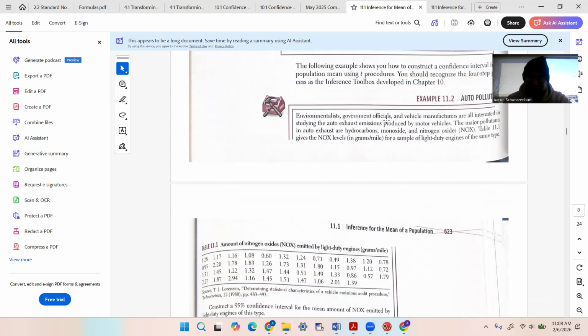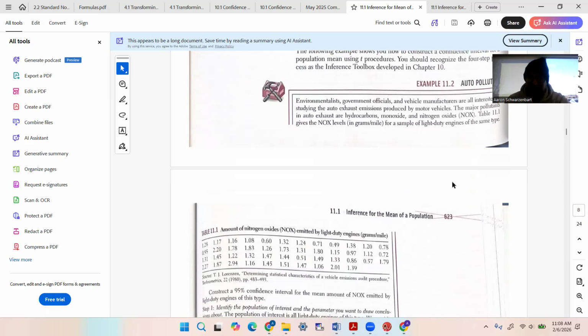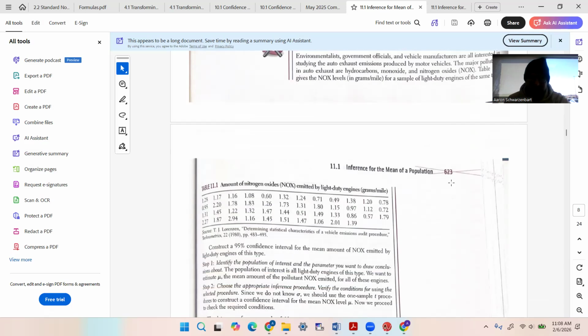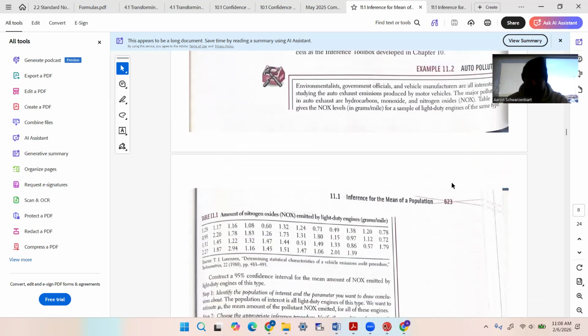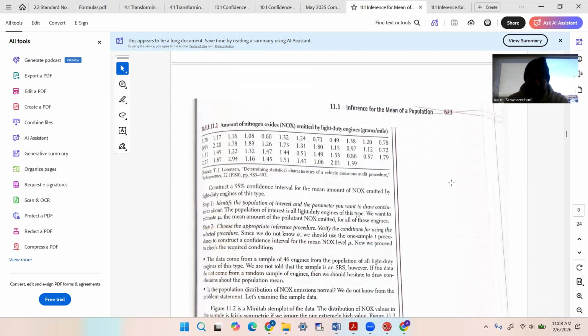So, studying the auto exhaust emissions produced by motor vehicles. This is a sample of light duty engines. We're looking for the average nitrogen oxides, or NOx, levels produced by light-duty engines of the same type. And that is our population of interest, all these light-duty engines.